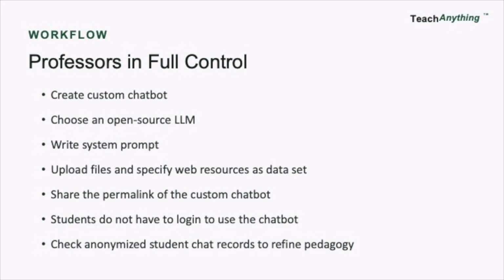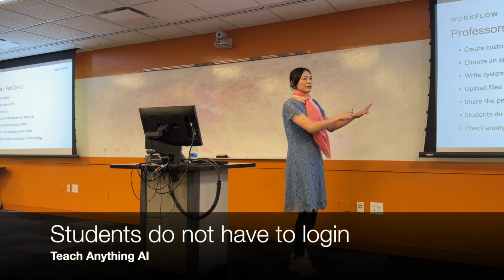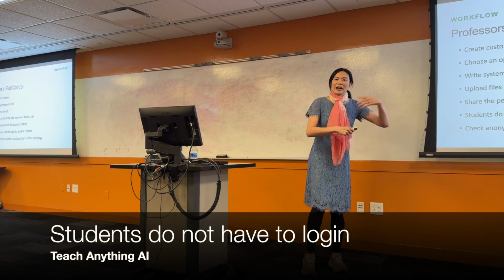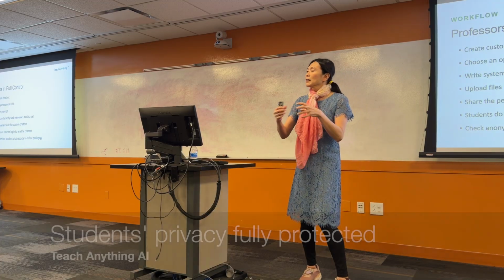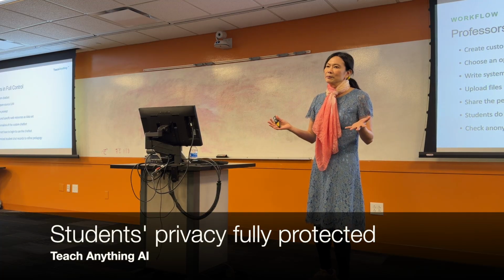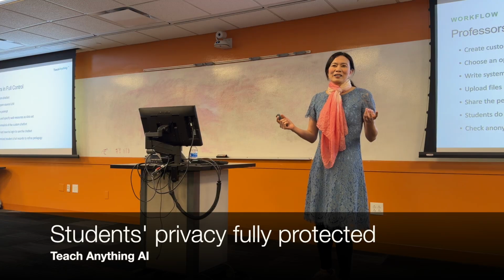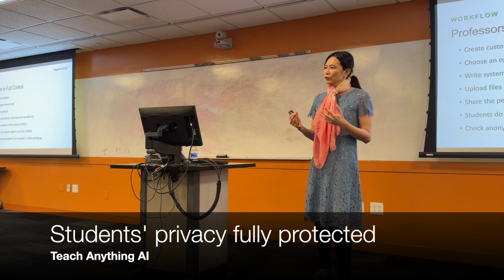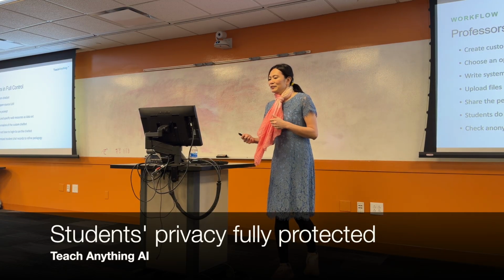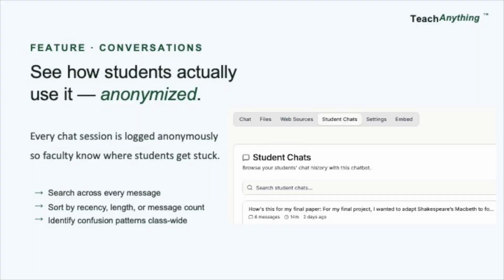You can go back and update and refine your custom application, and that link remains the same. Students don't have to log in, they'll just come here and use it, and you can assure them it's completely private and anonymous. Unlike free tier products, where they need an account first, here they won't be tracked. And then you can check anonymized student chat histories. It's very useful.